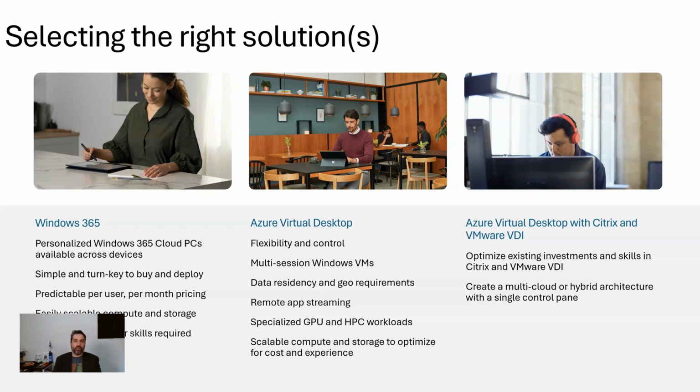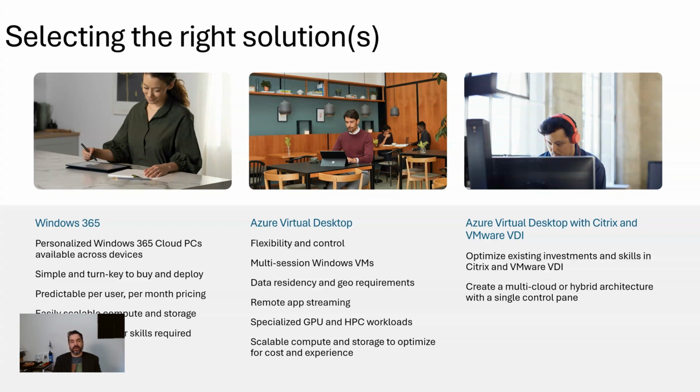Windows 365 is one dedicated machine per user, with very simple administration. Windows 365 actually doesn't really live in Azure. It lives in Microsoft 365, and it's assigned through a Microsoft 365 license, unlike Azure resources that are consumption based.